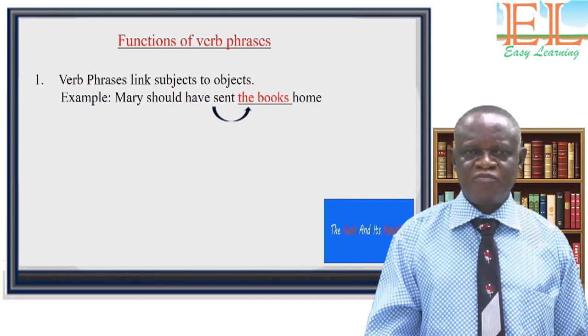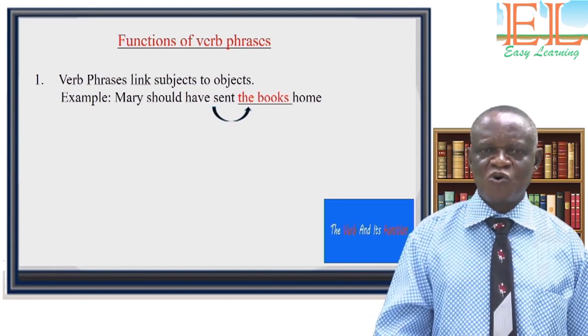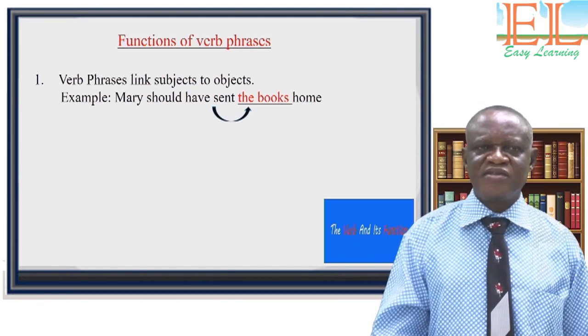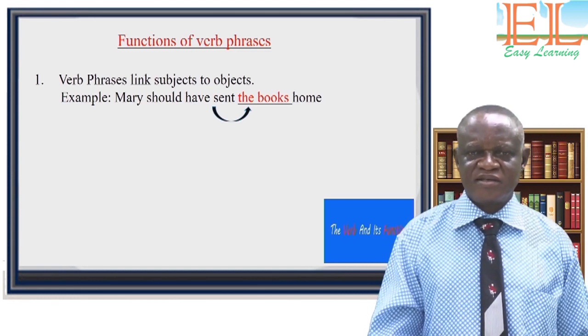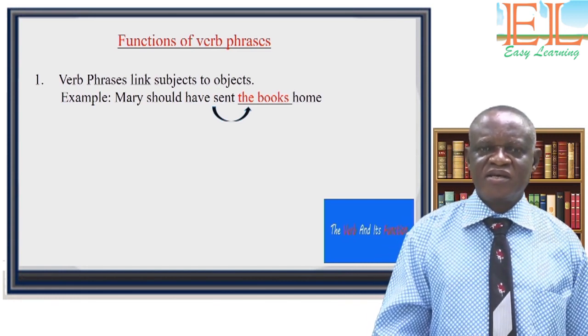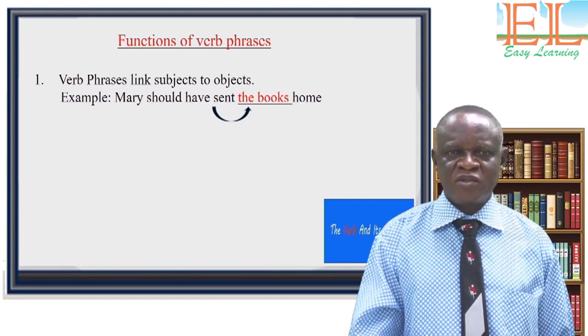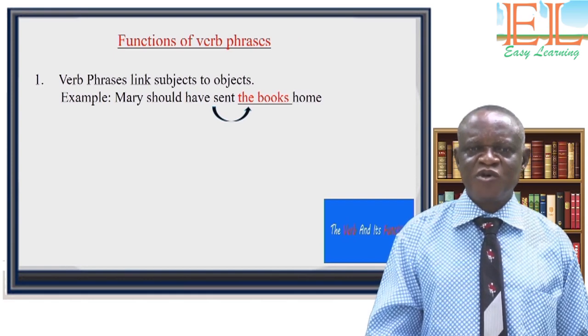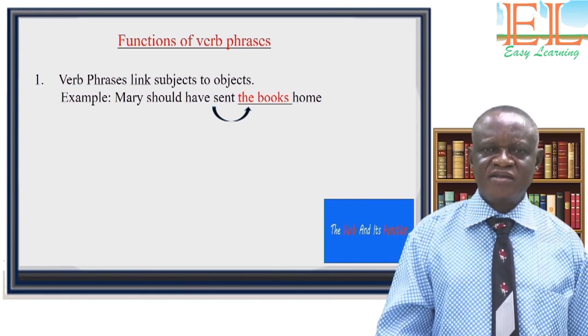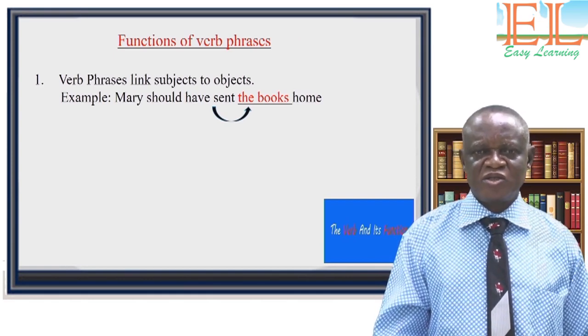Look at the example. Mary should have sent the books home. The verb phrase in this sentence is should have sent, and the object is the books. So the verb phrase is serving as a link between the subject and the object.